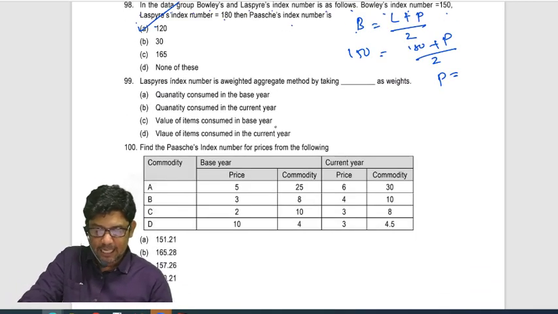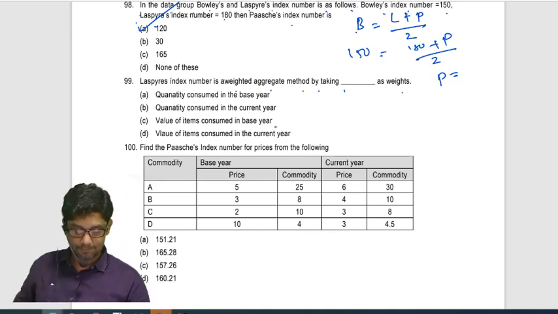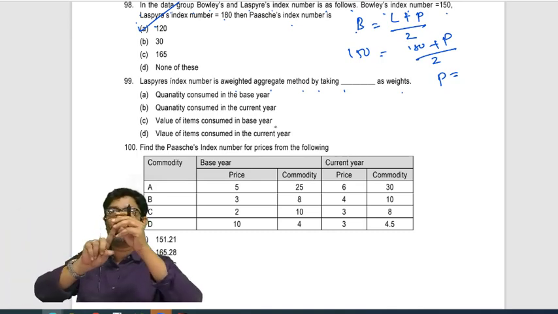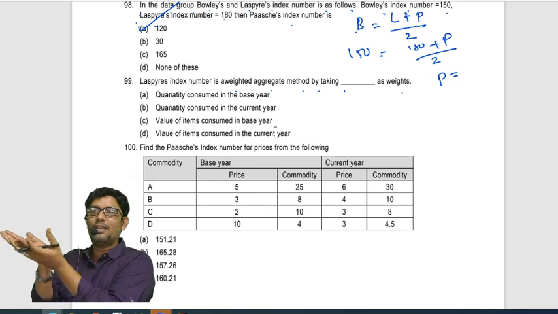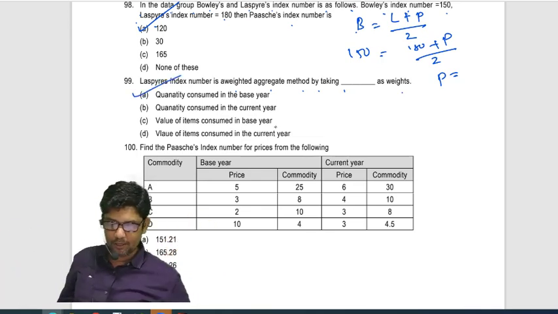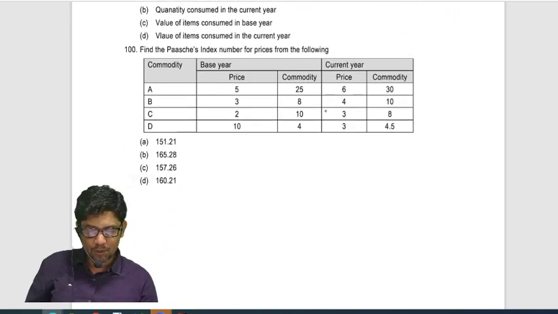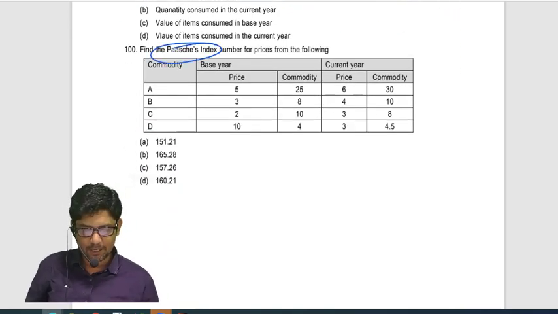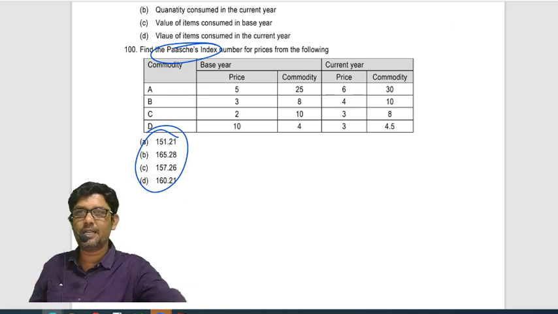Next, Laspeyres index number is a weighted aggregate method by taking dash as weights. Listen here, my dear. What are the weights? Quantity. Do you remember the story? Laspeyres always takes the base year quantity. Paasche's takes the current year quantity. I hope you remember it. So quantity consumed in the base year. Now, can you help me solve Paasche's index number? Actually, none of the options will be coming. There is some mistake here.